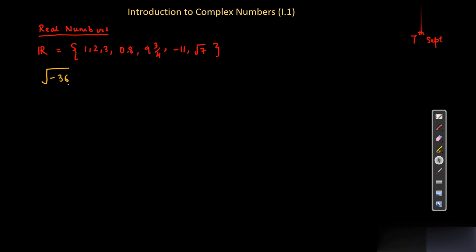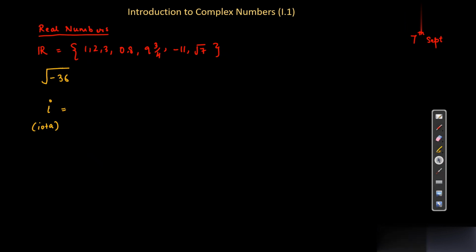Okay. So what happened was that to evaluate square roots of negative numbers, we have created an imaginary number, which is i. This imaginary number i is called iota. It is a Greek letter. It actually does not have the dot on top of it, but conventionally we use the dot.